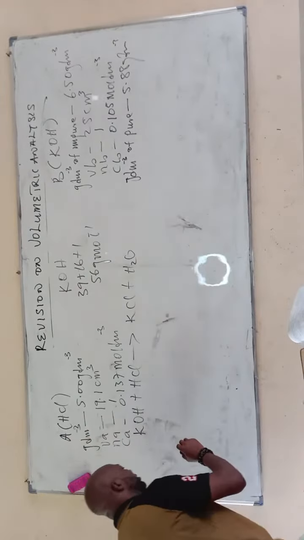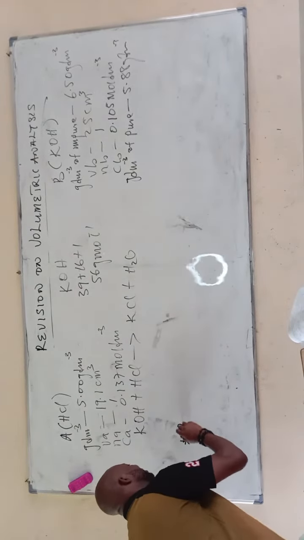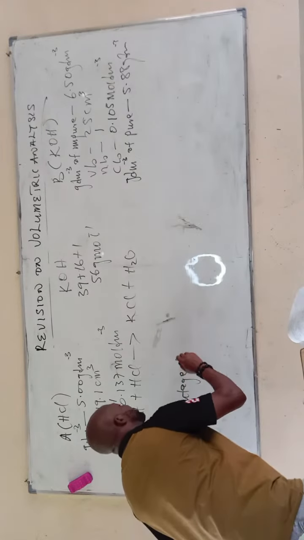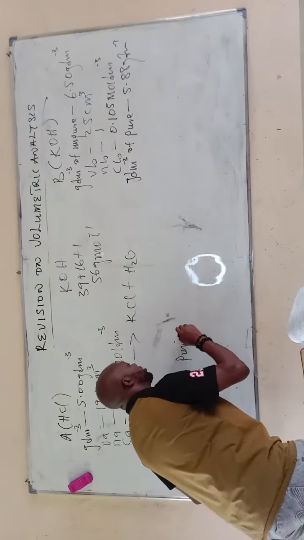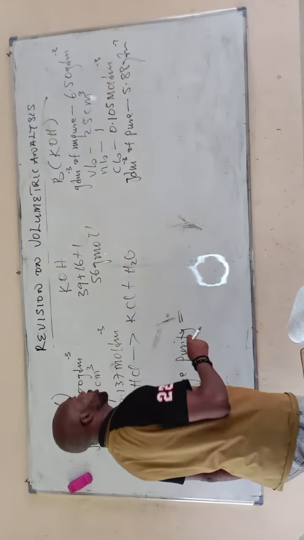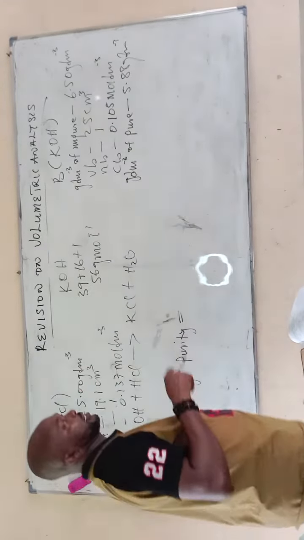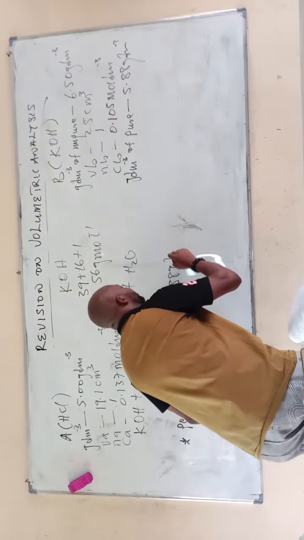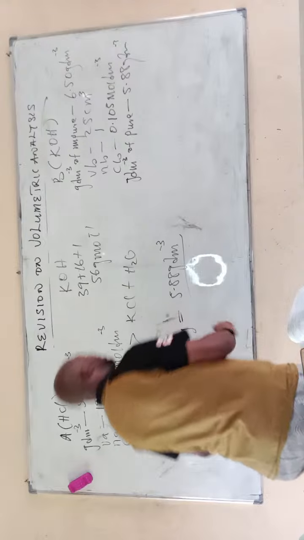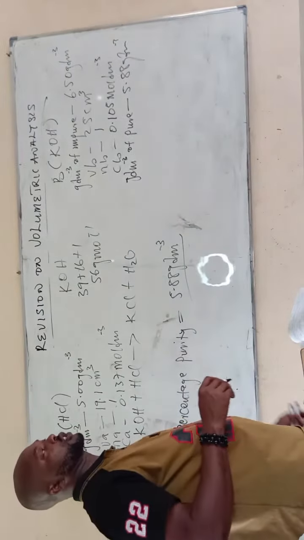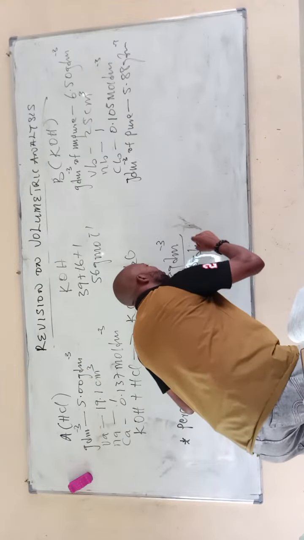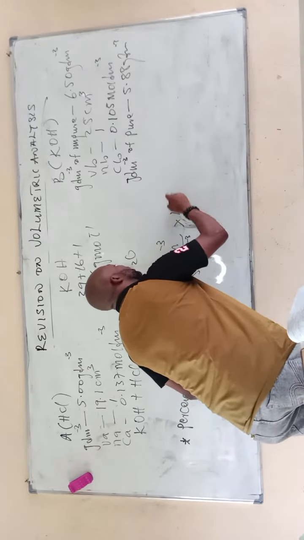Now, finally, percentage purity, which is mass count of pure, and that is 5.88 g per dm cube, over mass count of impure, which is 6.50 g per dm cube, times 100.